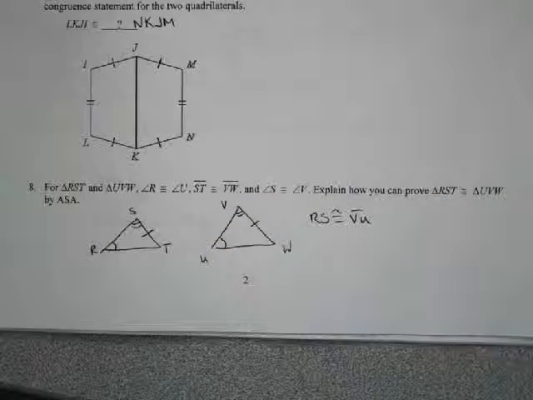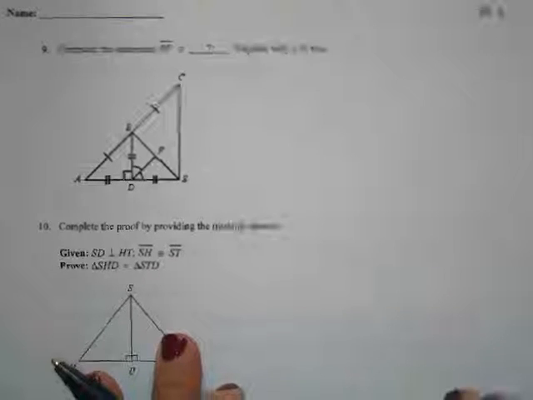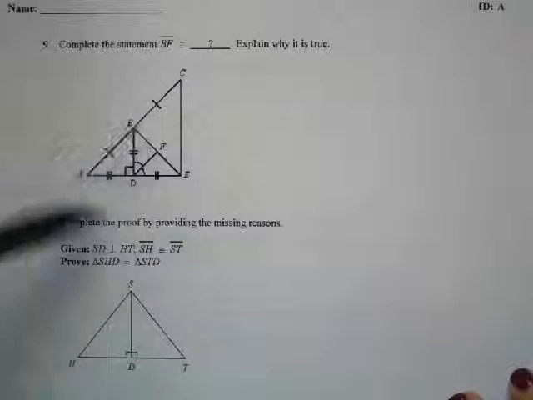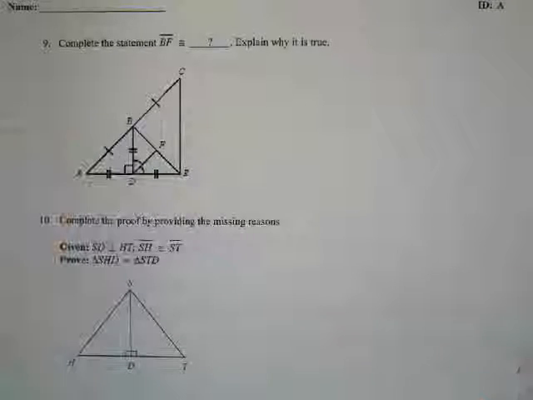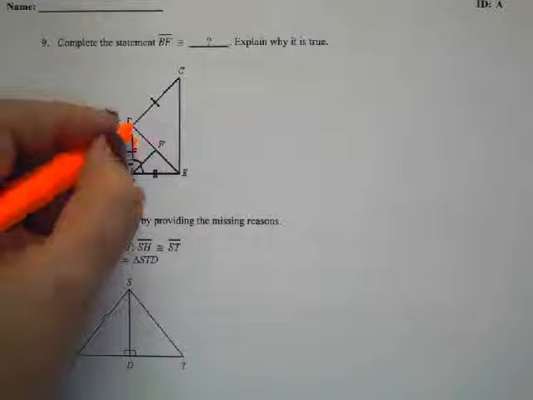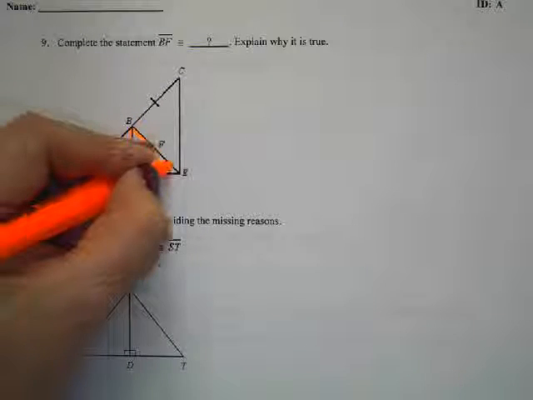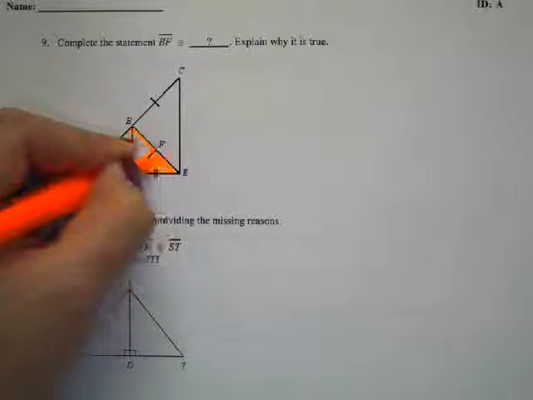Okay, in problem 9, we have a very large amount of things going on in here, but very simply we want to figure out that BF would be congruent to another piece. So if we look at these two triangles here, this one and this one, I'm ignoring everything else.